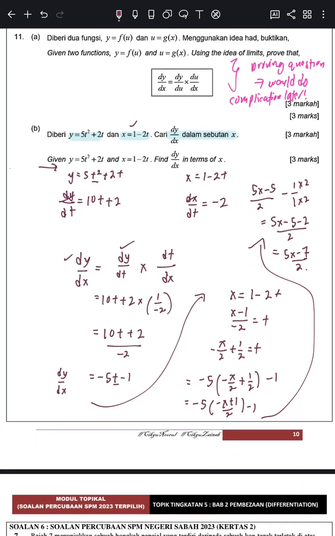Make sure your working in the exam is easy to understand, like mine, this one is just to show you. So the final answer: dy/dx equals 5x minus 7 over 2. Or you can write it like 5 over 2 x minus 7 over 2, still acceptable.